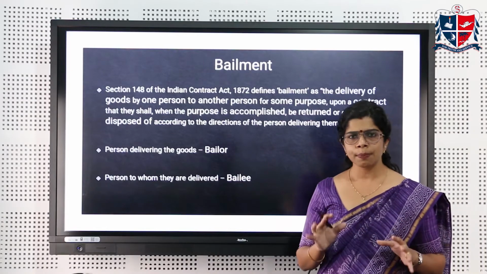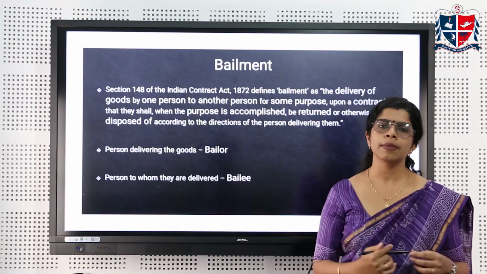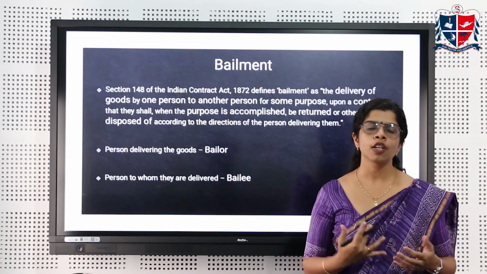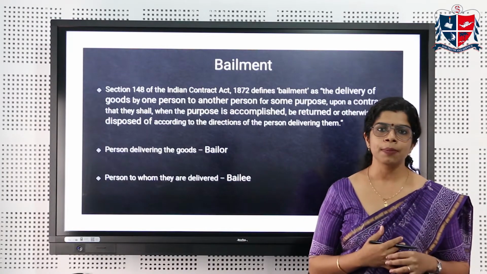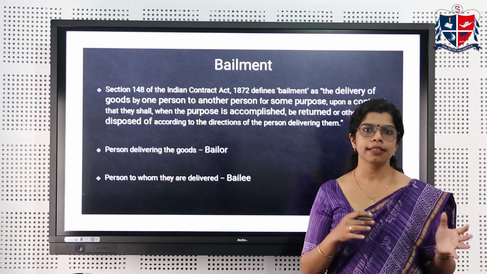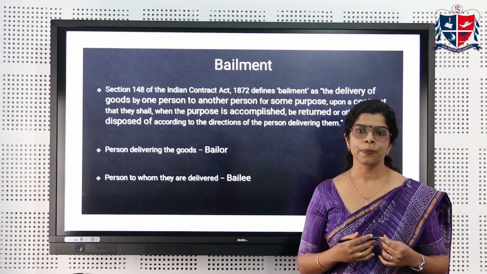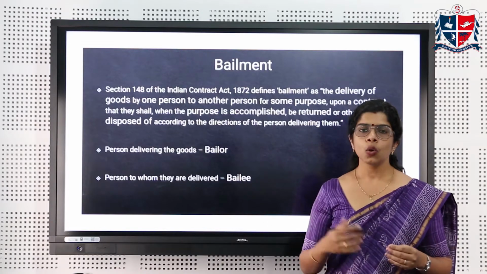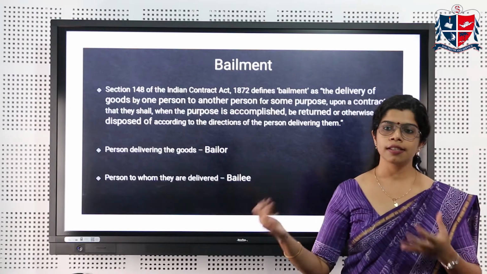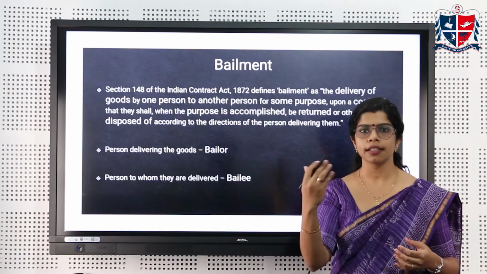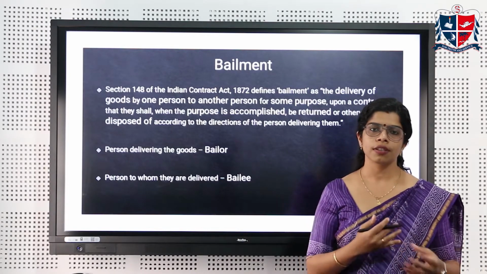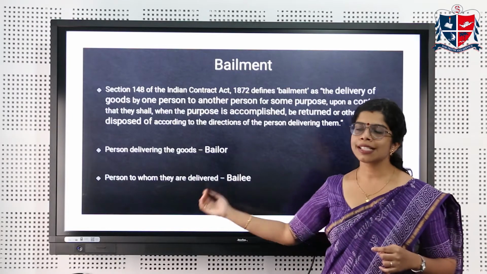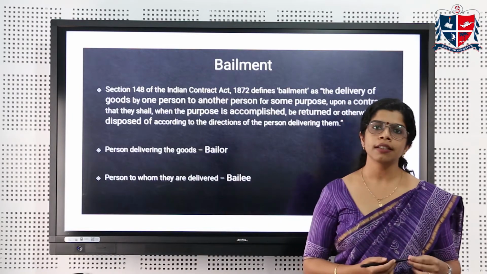To give you a typical example of a contract of bailment, a very common one is between a tailor and his customer. The customer is the bailer, who gives his cloth to the tailor to get it stitched. The tailor in this situation is the bailee.